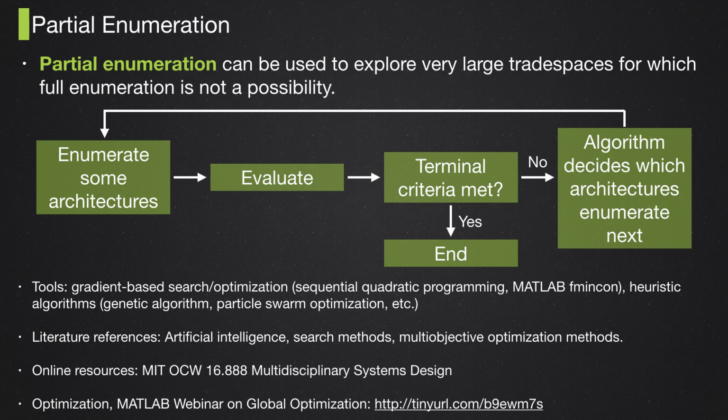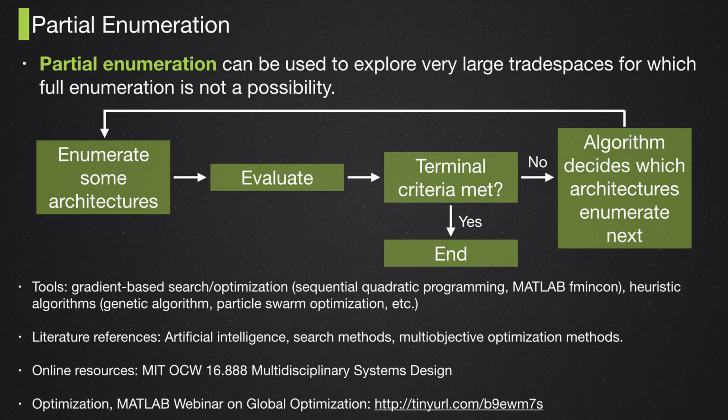For example, you have a finite time to do your exploration, or maybe you reached a good enough solution, and so forth. If the termination criteria is not met, your algorithm has some sort of guiding principle that tells where to go next. Otherwise, if the termination criteria is met, the exploration is ended.